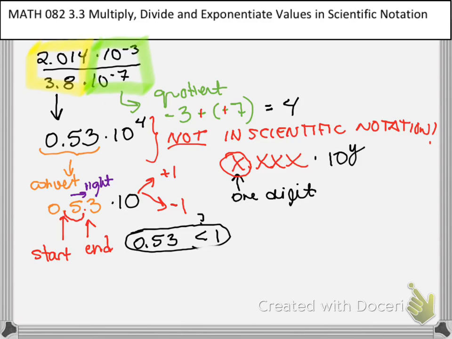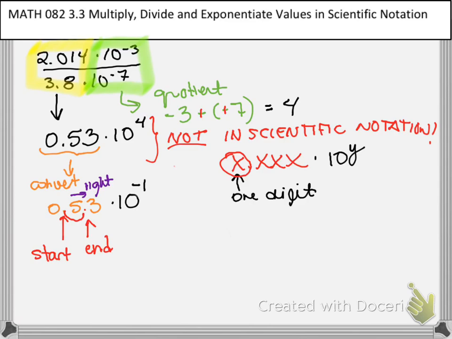And in the video that I made previously, we learned that if you have any number that's less than 1, then when you're writing it in scientific notation, you have to use a negative exponent. So therefore, we can conclude that 0.53 becomes 5.3 times 10 to the negative first power.